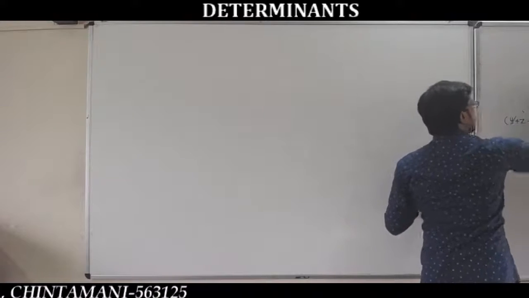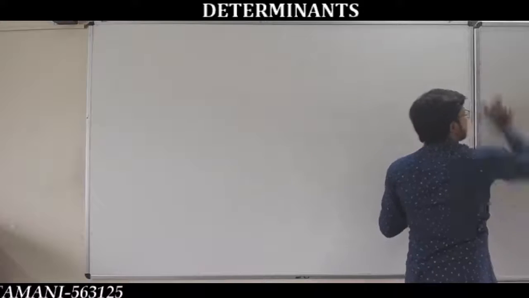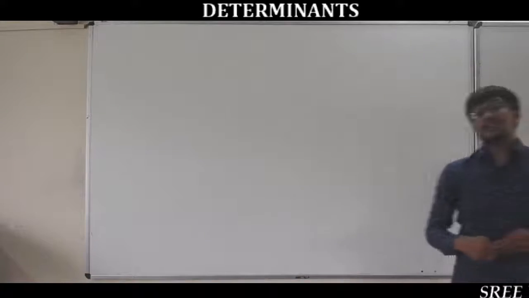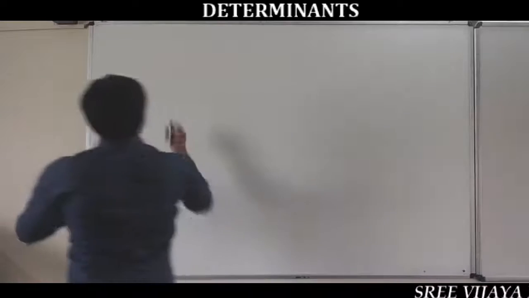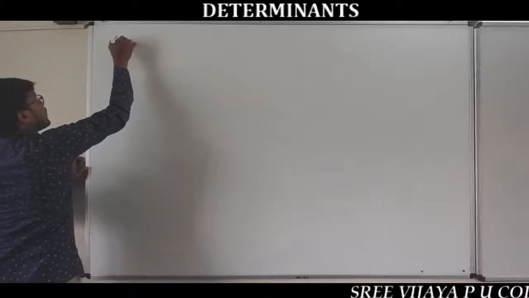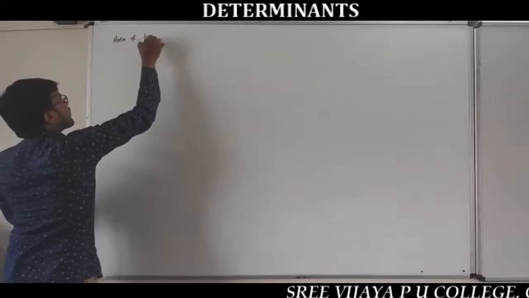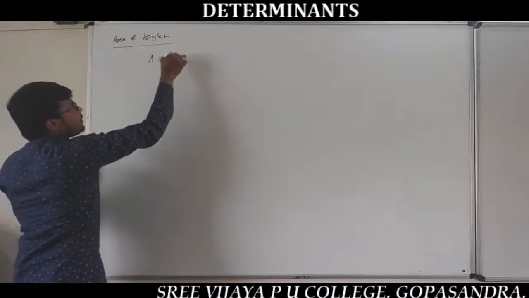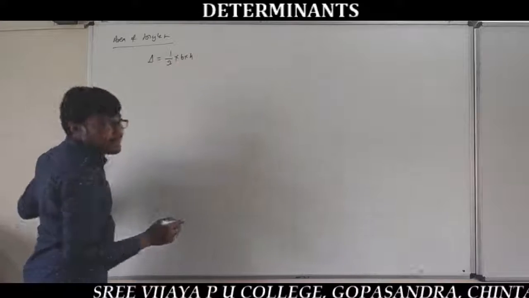Now in the second PUC, we can solve the area of the triangle by using the concept of determinants. Okay. So area of triangle delta equals to half into base into height in the 9th standard.